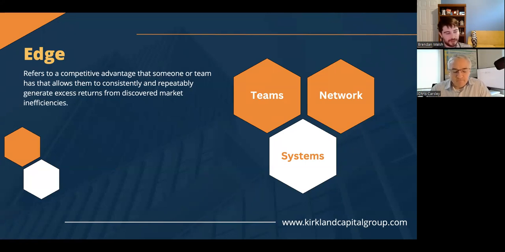Some funds compete all the time over information, employees, strategies, edges. So if you do get a bit of hesitancy, understand that it doesn't always mean they're trying to hide it from you. It could be that they're trying to hide some key parts of their strategy from another manager.